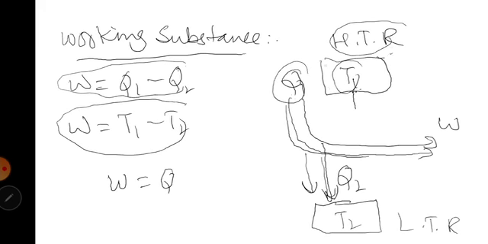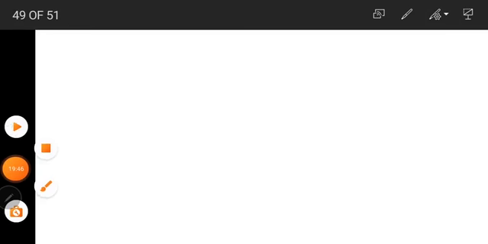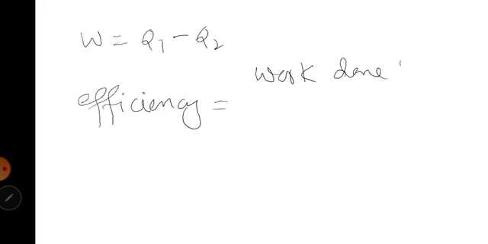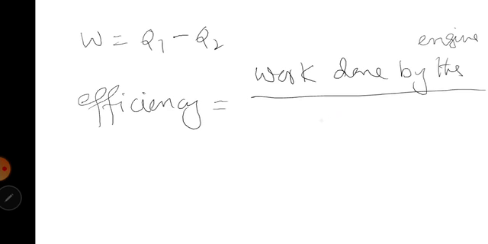Now we know that work is equal to Q1 minus Q2. So the efficiency of the system or engine is equal to the work done by the engine divided by the heat absorbed from the HTR, Q1.